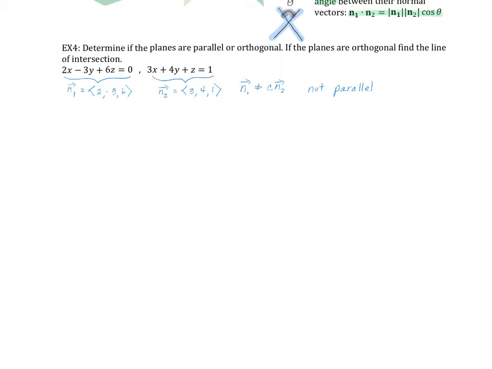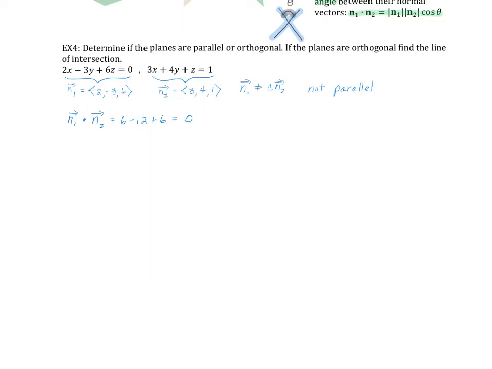So if they are orthogonal, that means that the dot product of these two normal vectors should be equal to 0. So I'm going to compute the dot product, and that's going to be 2 times 3 is 6, plus negative 3 times 4 is negative 12, so minus 12, plus 6 times 1, or 6.